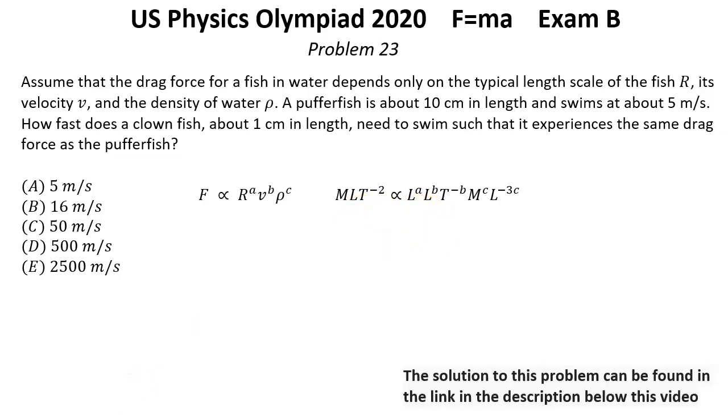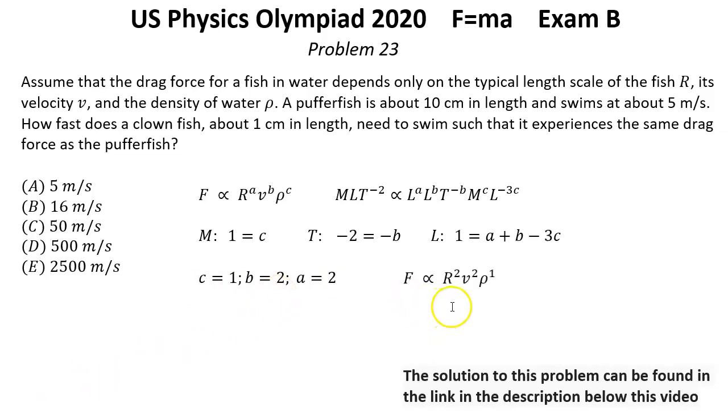So for mass we have 1 equals c. For time we have -2 equal -b. And for length we have 1 equal a plus b minus 3c. So it means that the powers have these numbers. So we have drag force proportional to length squared, speed squared, and water density to the power 1.